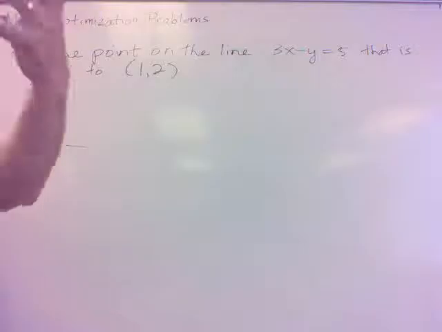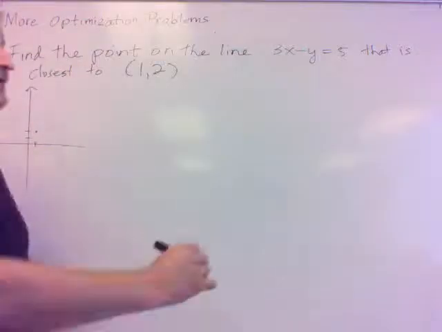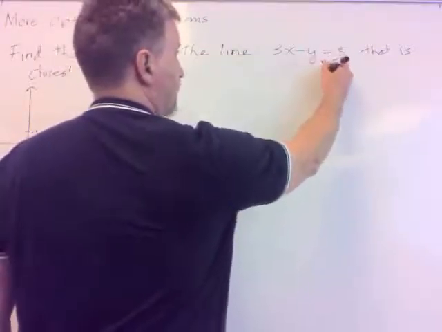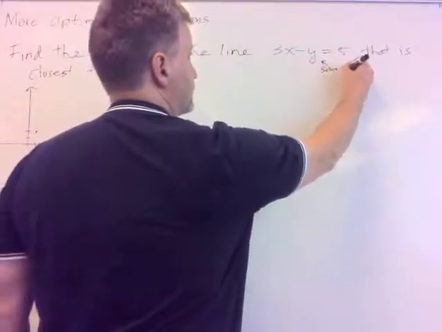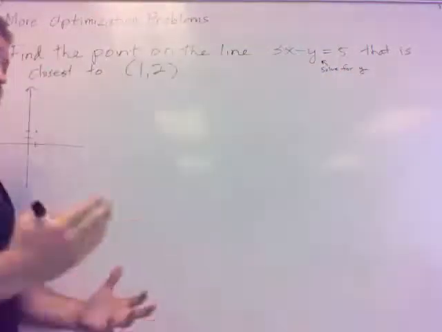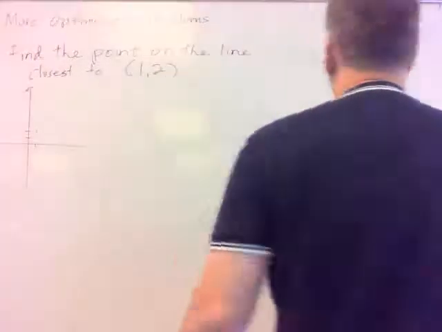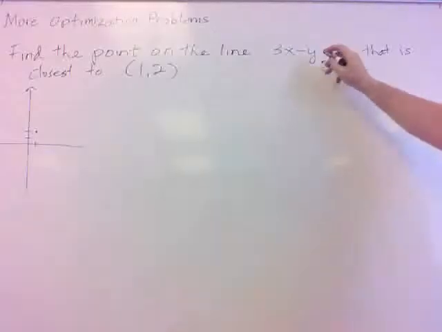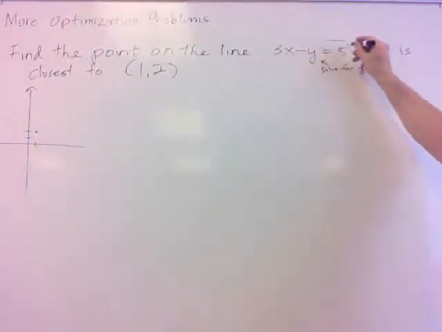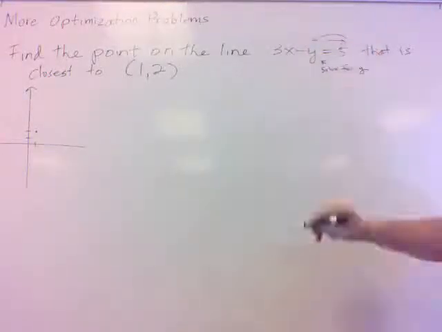For a number of reasons, I might want to get this solved for y. If it's not solved for something, y in this case, I would probably want to do that. So if I solve that for y, what do I get? Well, the easiest way would be to swap the 5 and the y.